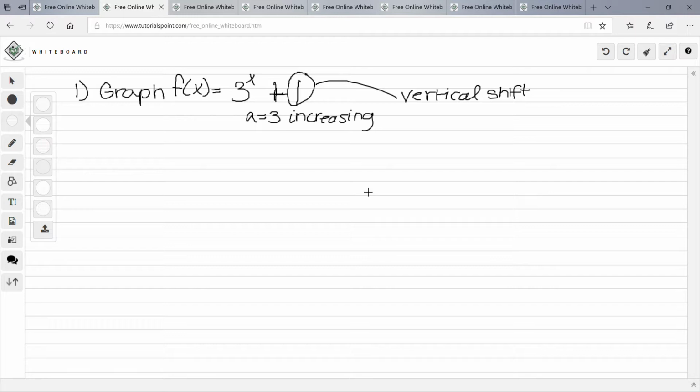We know a is increasing. So here's a typical exponential graph, right? It always has a y-intercept of (0, 1). So this is (0, 1).